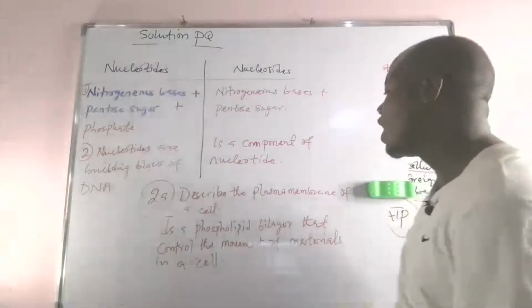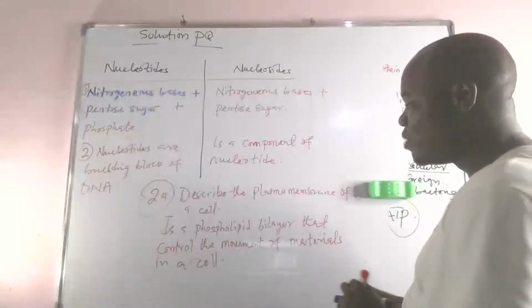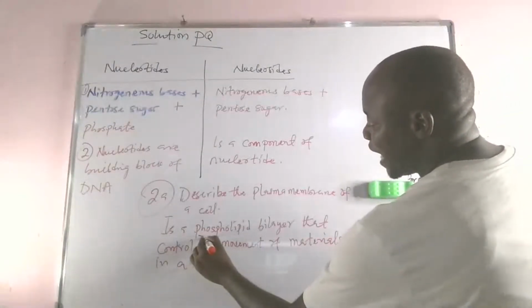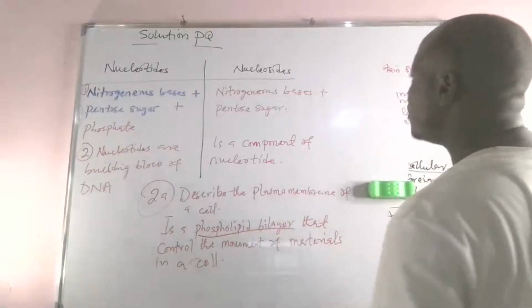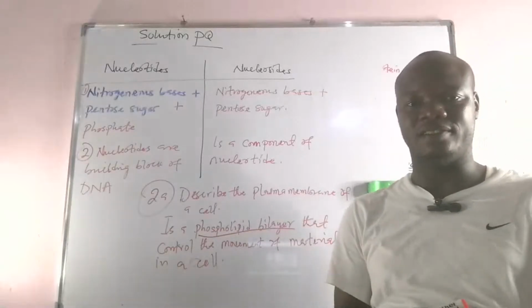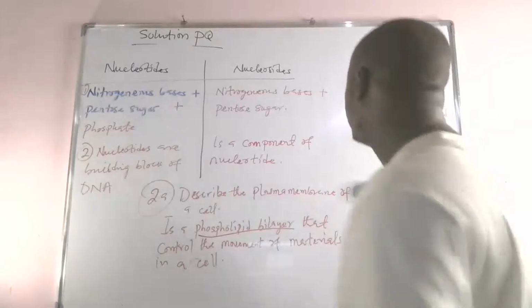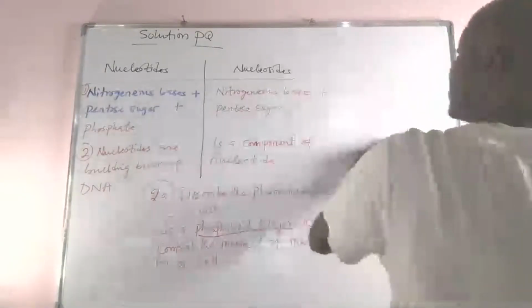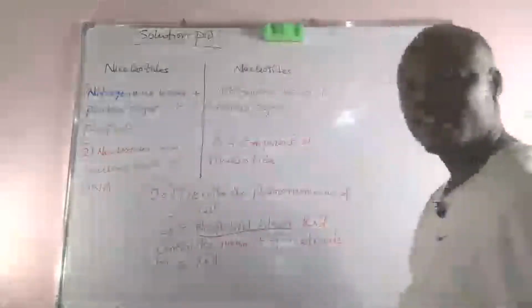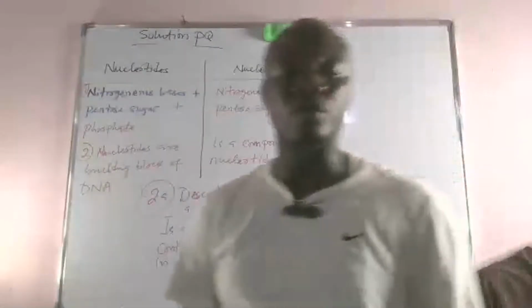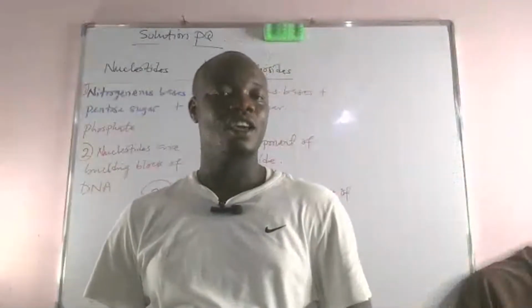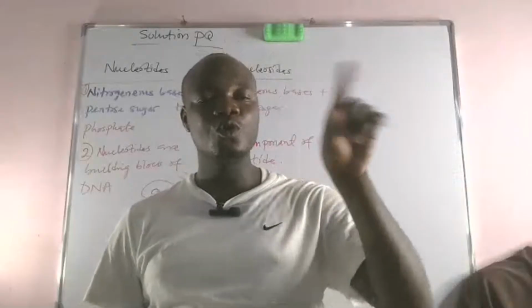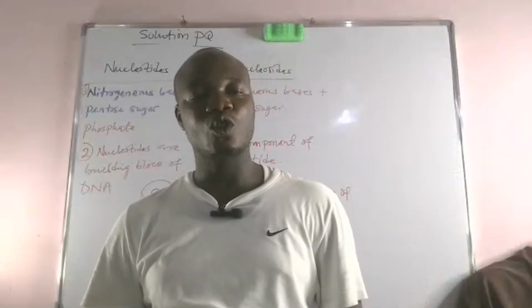Excellent. So now I think we have to come back and describe the phospholipid bilayer. The phospholipid bilayer is a layer that comprises two components. What are those components?